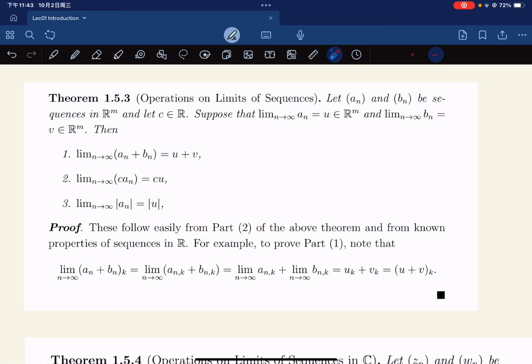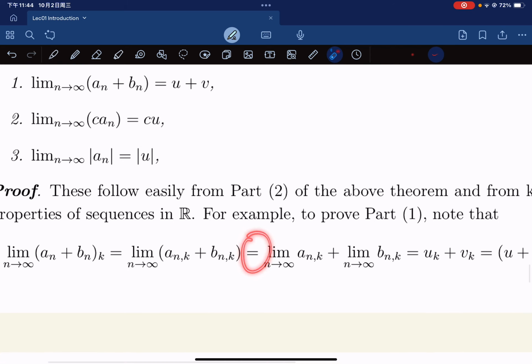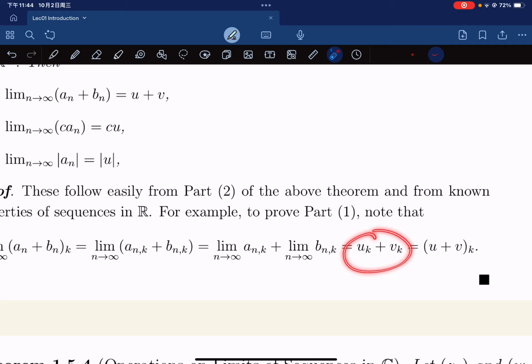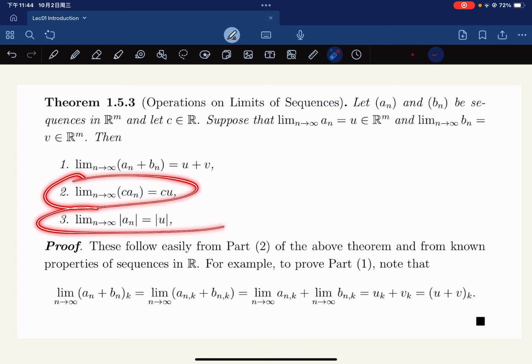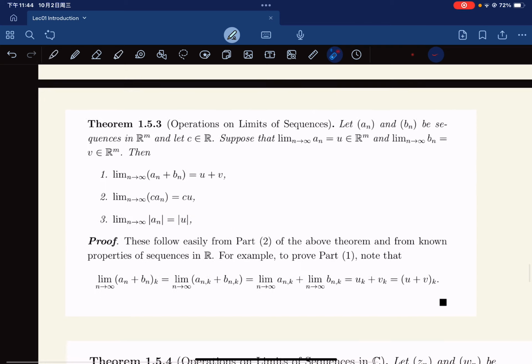For example, to prove part 1, the kth component of the limit, the limit of the kth component, is equal to this. And from here, the knowledge in R implies that this is true, which is u_k plus v_k, the kth component of u plus v. The rest is just as simple as it can be.